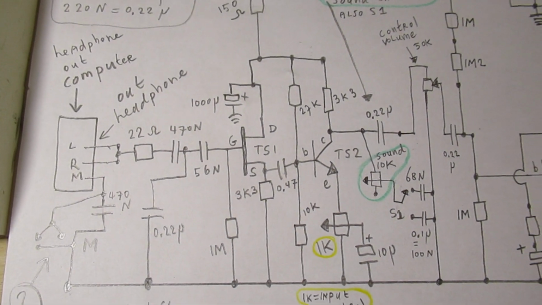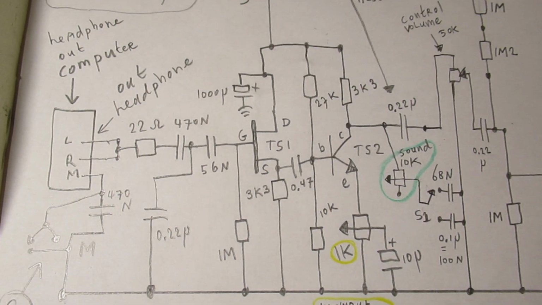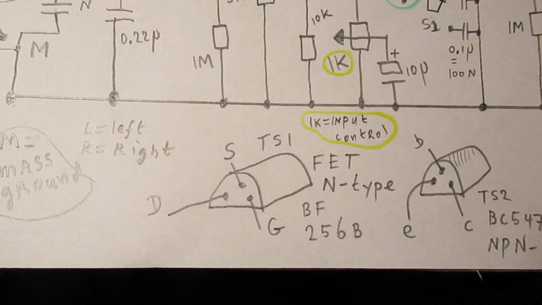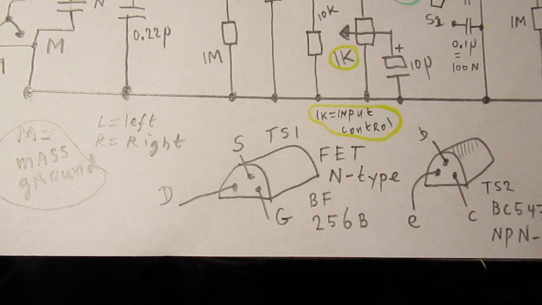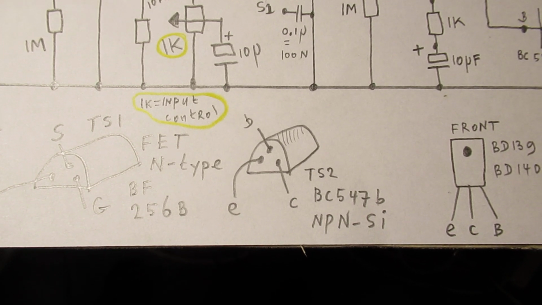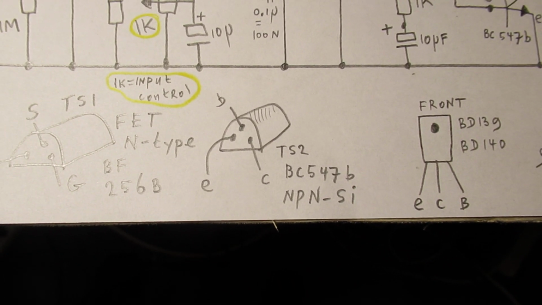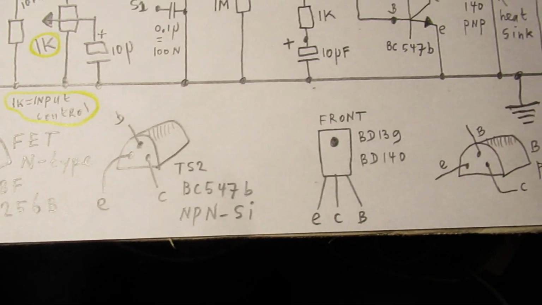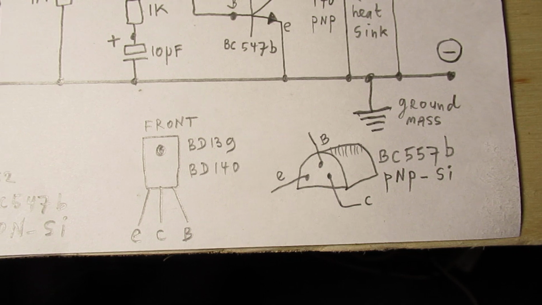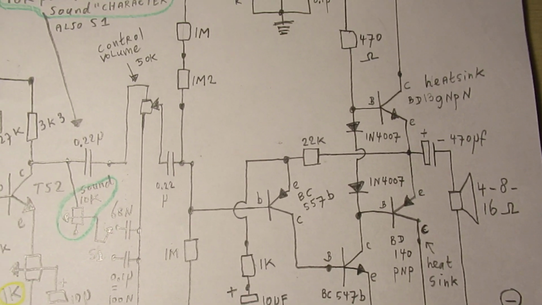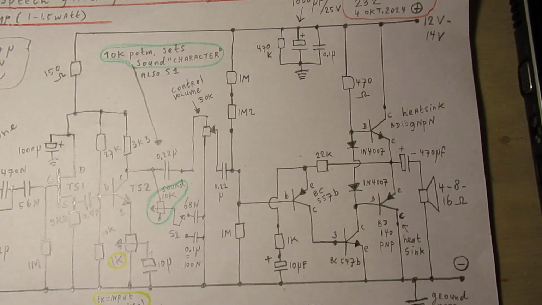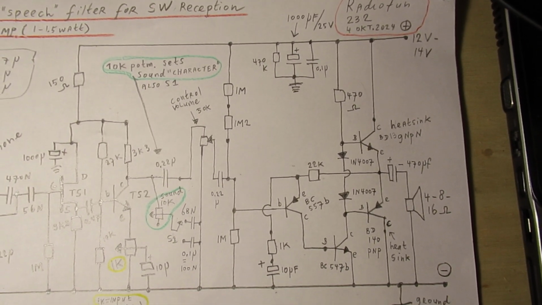That field effect transistor is a BF256B, and the other transistors that I've used are of course the normal transistors, the BC547B, NPN silicon, the BD139, the BD140, the BC557B, but they all regard this part of the circuit that is, say, the audio end amplifier.